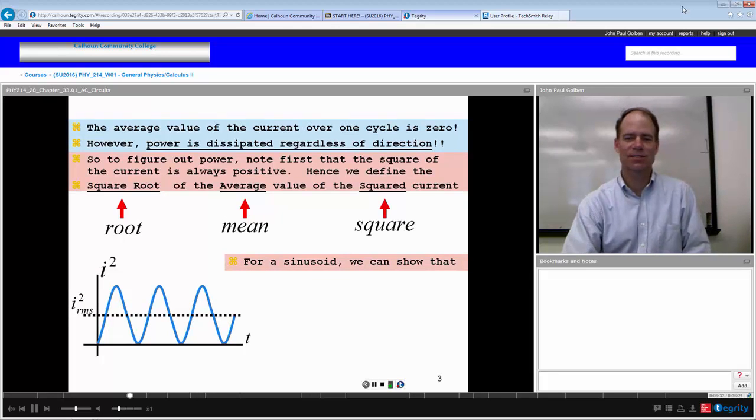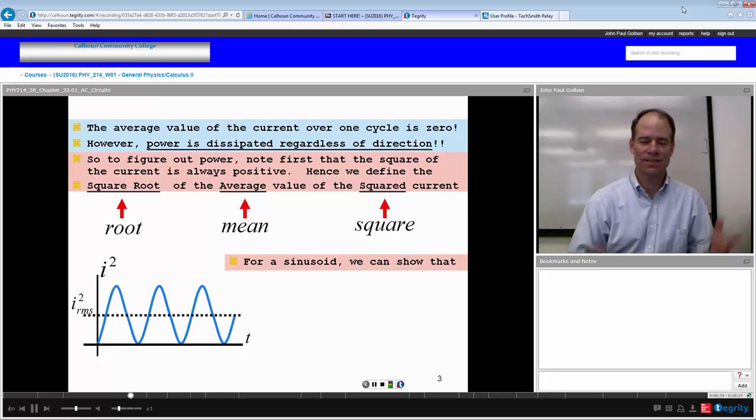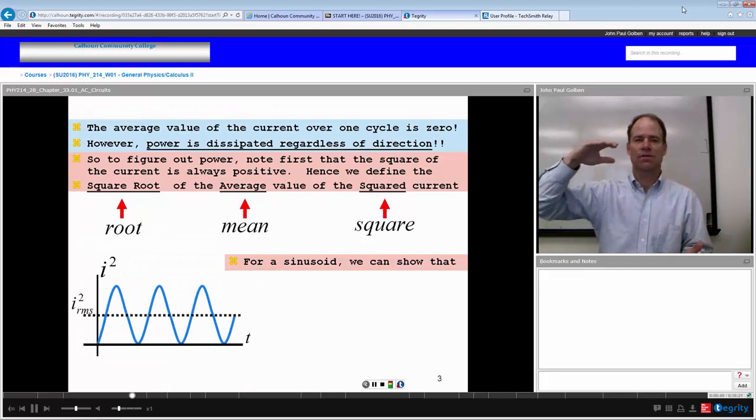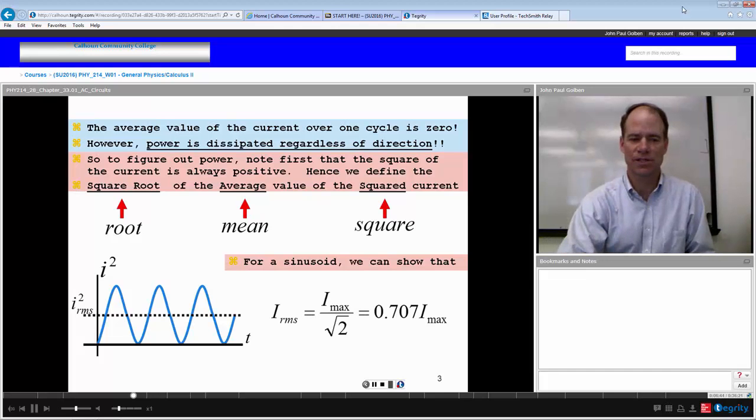For a sinusoidal, we can show that if we square everything, we're going to end up with a quantity that is bounded between 1 and 0. And the root mean square value will be equal to the maximum value of the current divided by the square root of 2, which is 0.707 times the maximum value.